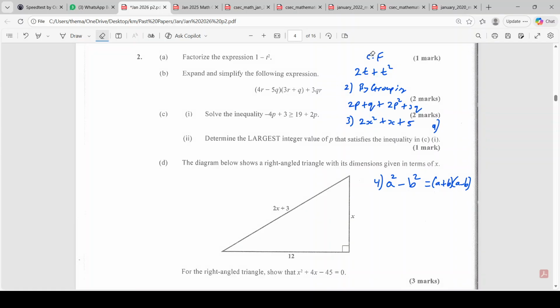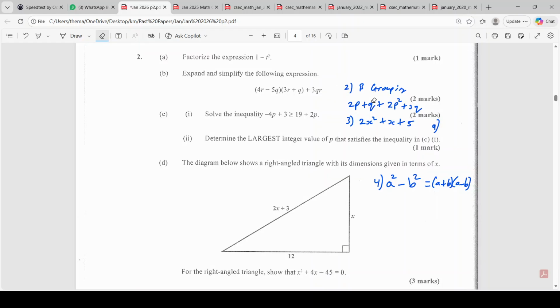So looking at this first question, what type of factorizing is that? Ashley, what type of factorizing is that? HCF? Okay, what is HCF?